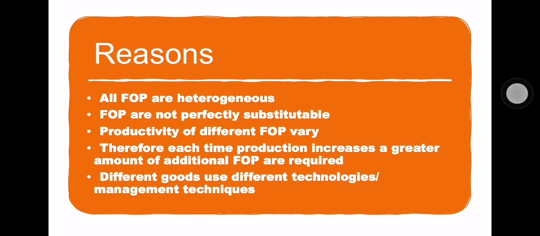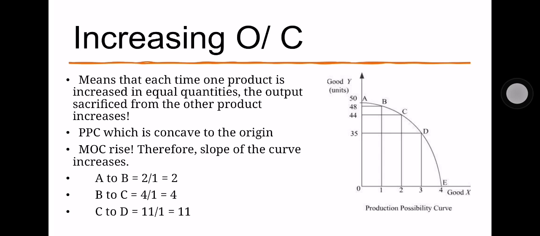If factors of production are heterogeneous, which is the obvious situation, all right, so think this is pizza and broccoli again. Obviously the resources used in making pizza are different to the resources used in broccoli. All right, so if we were using fertilizer to make good Y, now in order to make pizza also we are going to use fertilizer, so it's absurd.